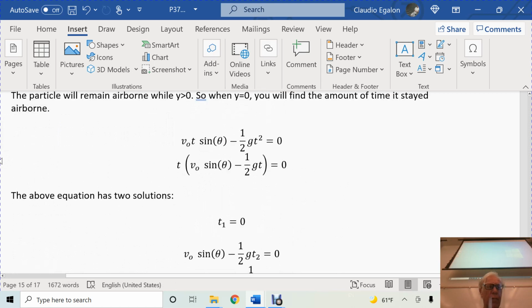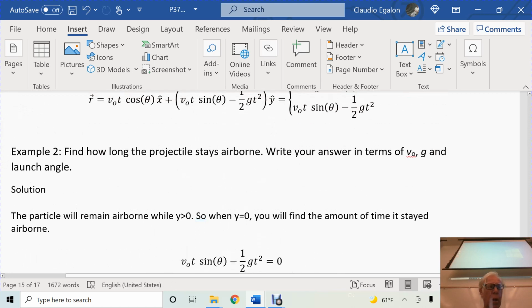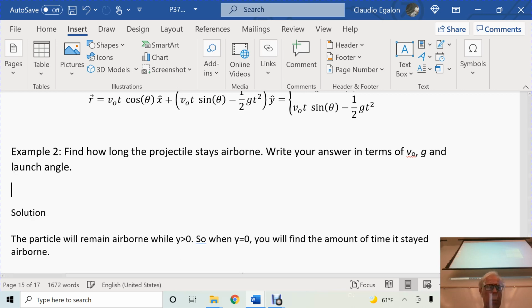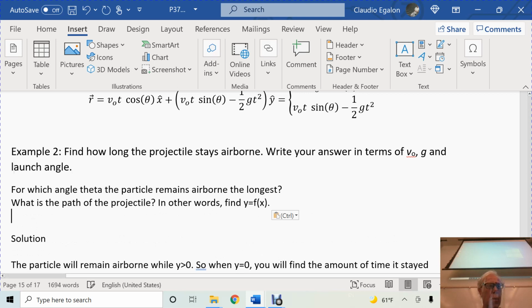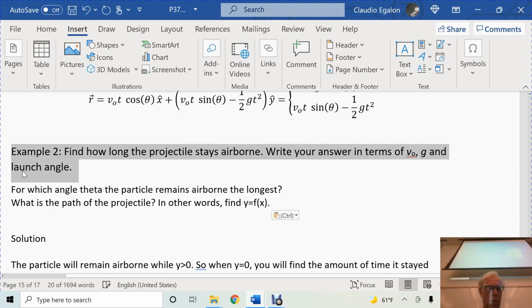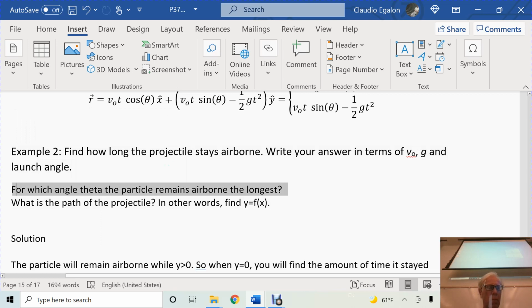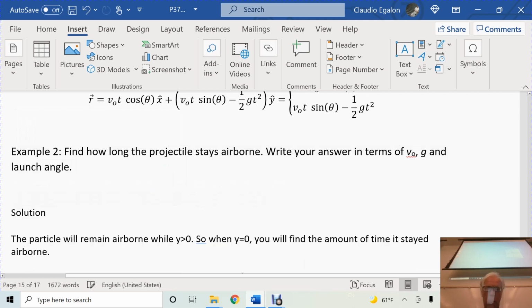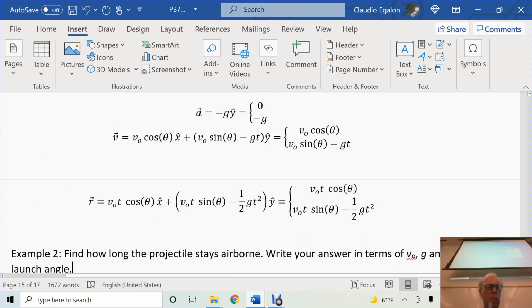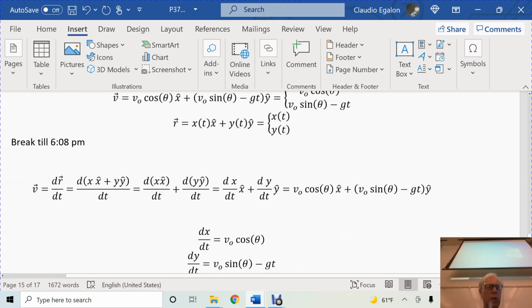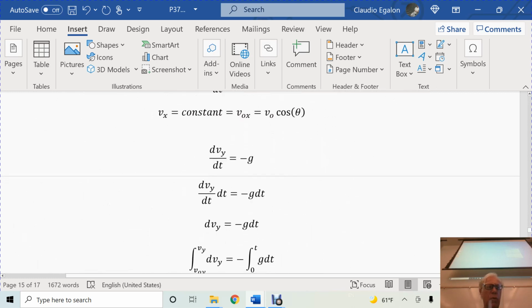So we have 4. Here is another one. We derived the equations of motion.